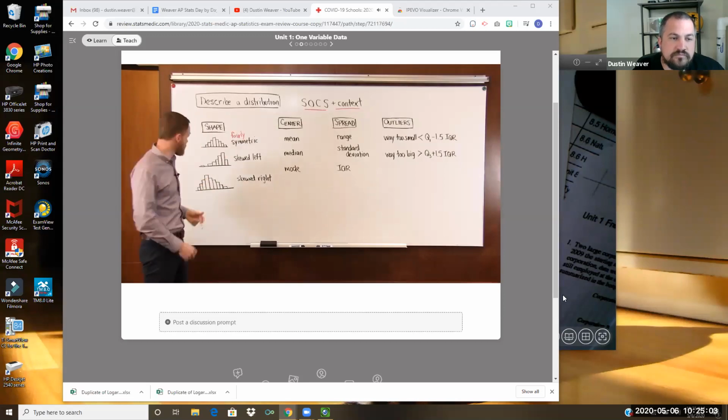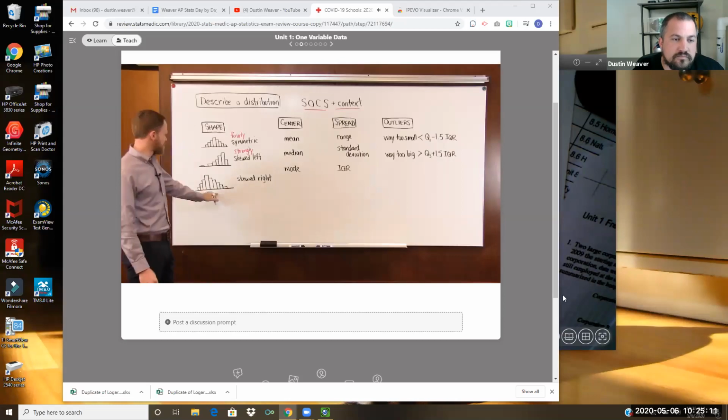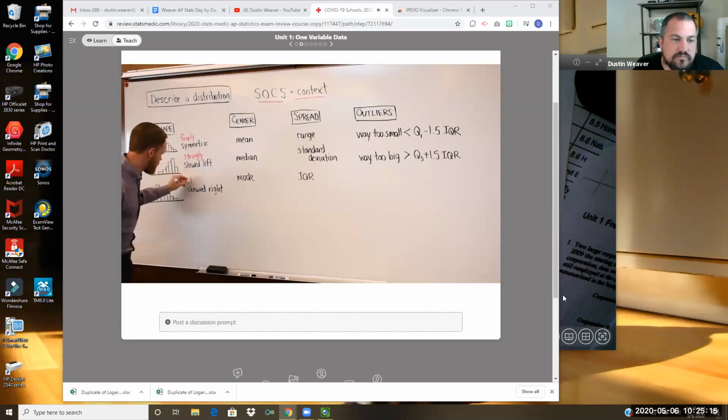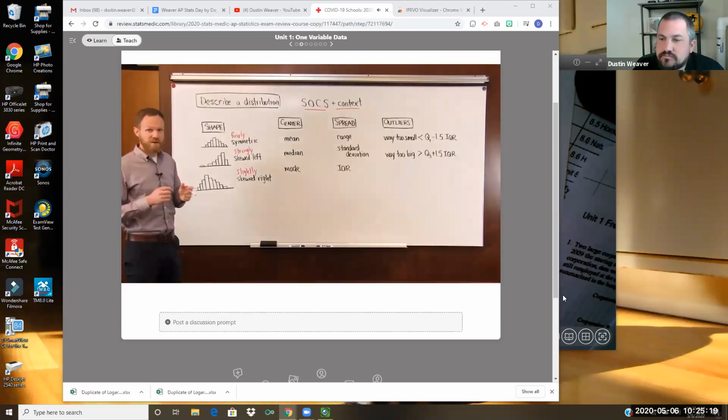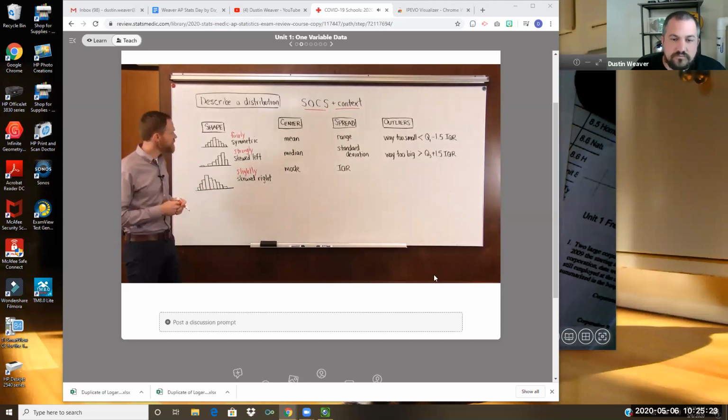So we say something like fairly symmetric. This distribution I might describe as strongly skewed left. And you see this distribution is skewed right, but not quite as strong as the previous one. And so I might say something like slightly skewed right. So the tip here is to use LY words when describing the shape of a distribution.